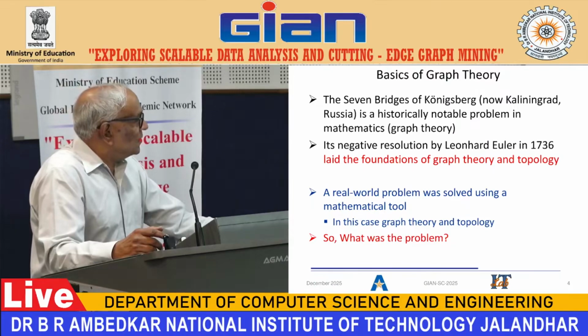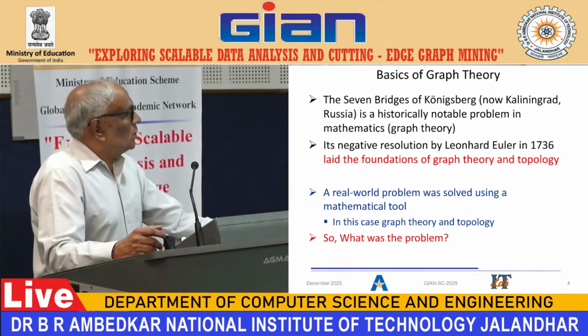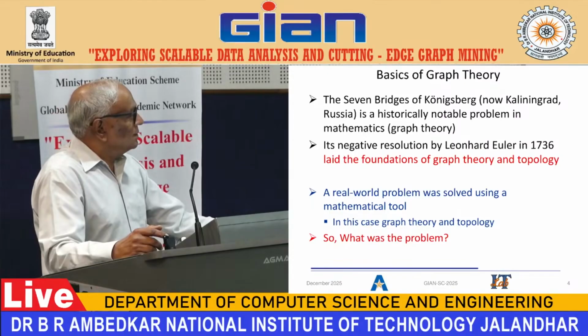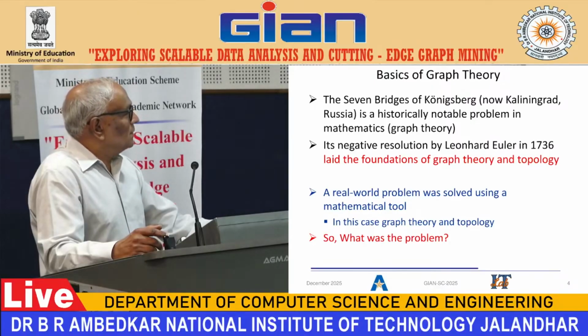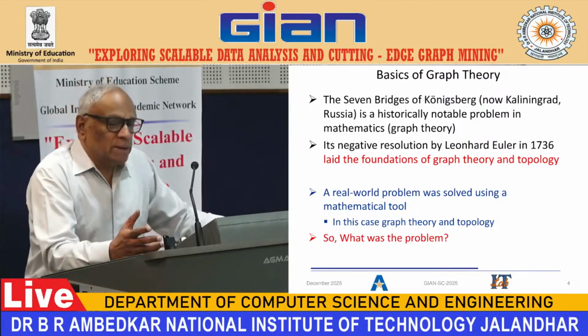There was a negative proof or resolution by Leonhard Euler in 1736 that laid the foundation of graph theory and topology. This was a real world problem solved using a mathematical tool. This is important to understand.